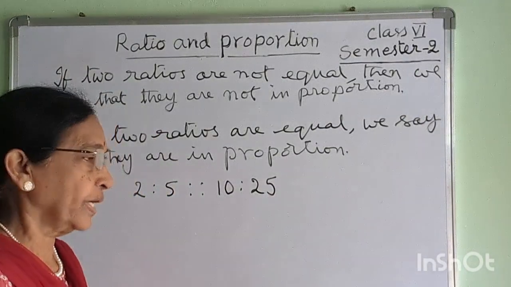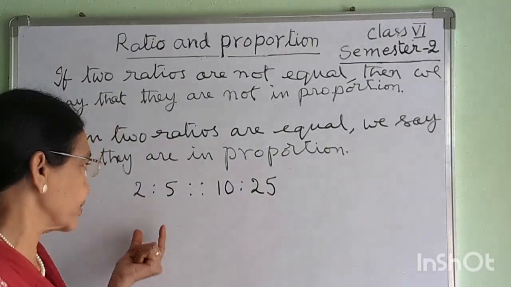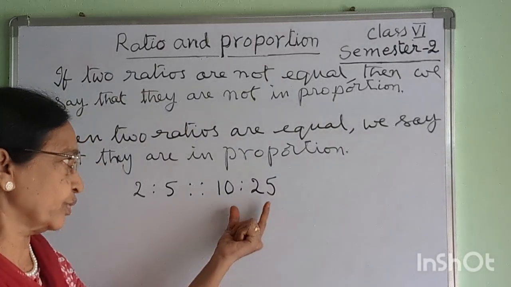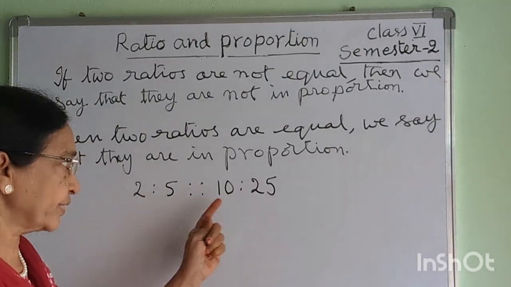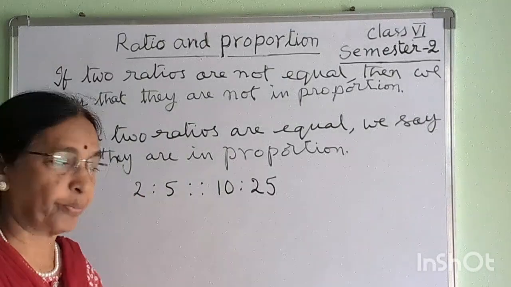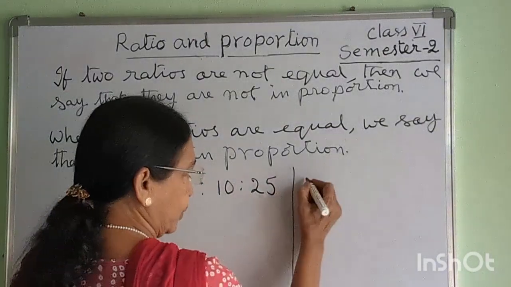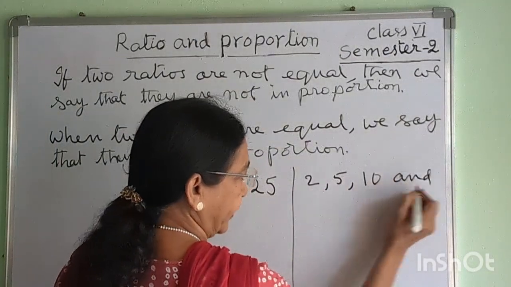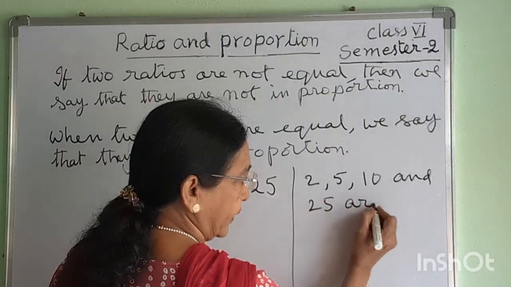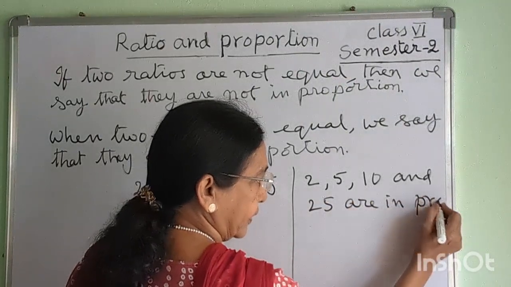For example, there are two equal ratios, 2:5 is equal to 10:25. So 2, 5, 10 and 25 are in proportion.